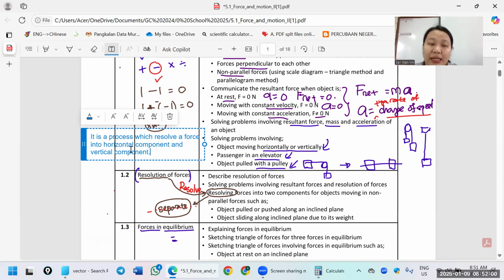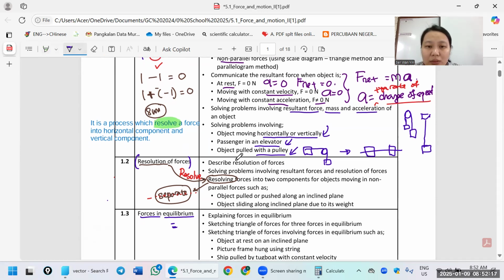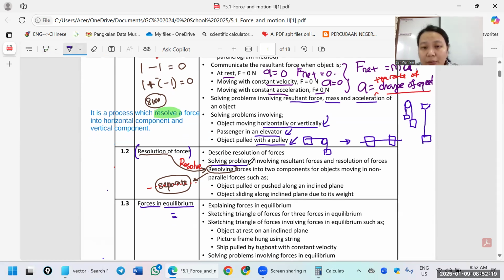So we separate it. But remember, don't use the word separate. We use the word resolve. Okay? We use the word resolve. Apply to, so we are going to solve problems involving resultant force and resolution of forces.